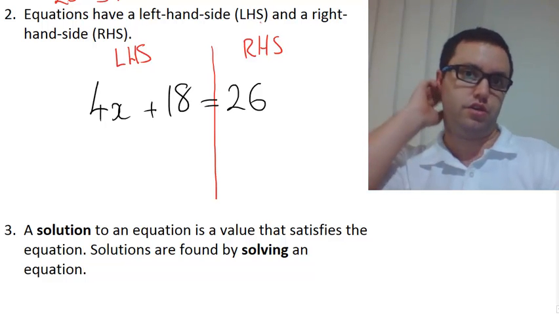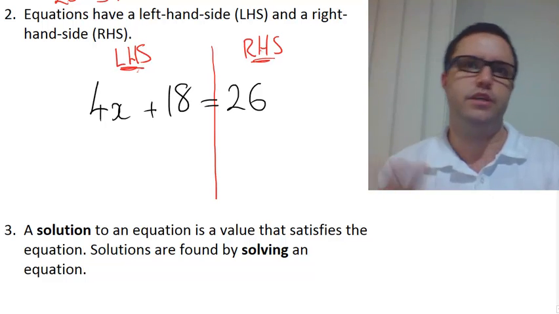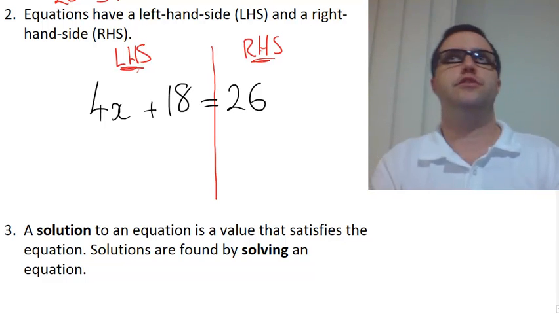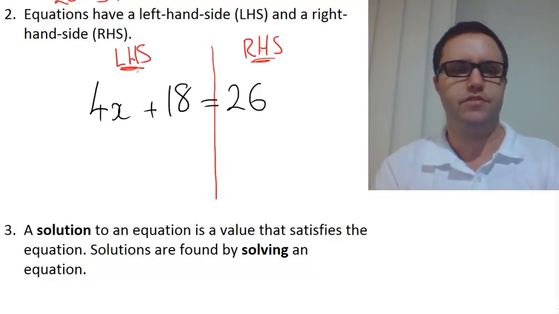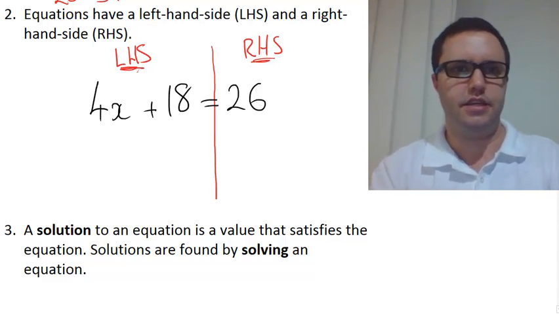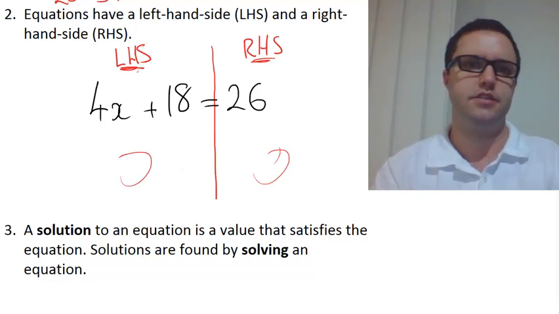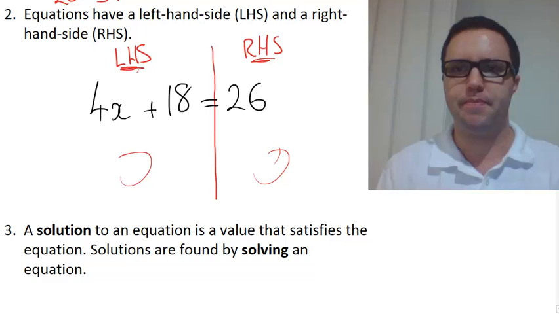It's important that you know those terms and can refer to them, because later on when you're doing more complex algebra, you need to do things to one side and the other and prove different things. Essentially there's this idea that whatever gets done to this side also gets done to this side. But we'll look at that a bit later.